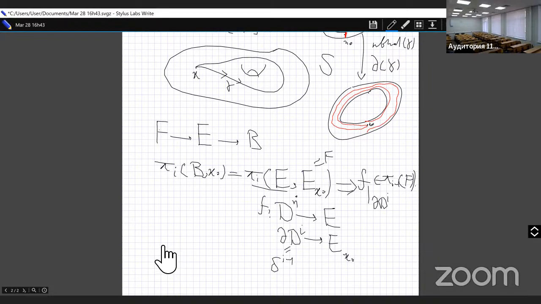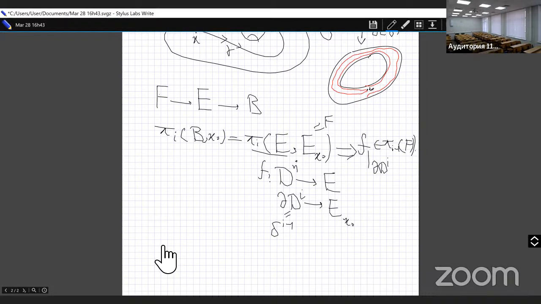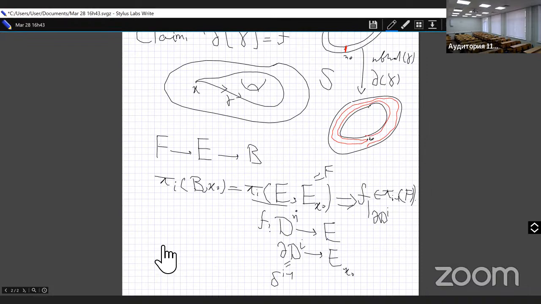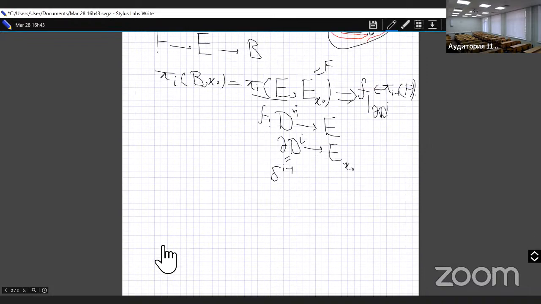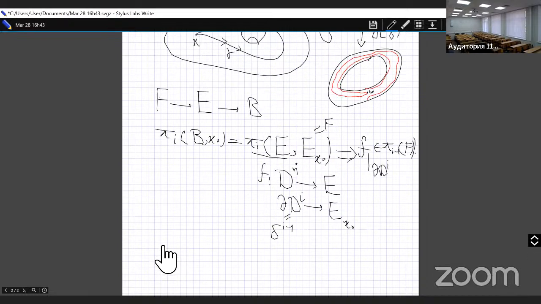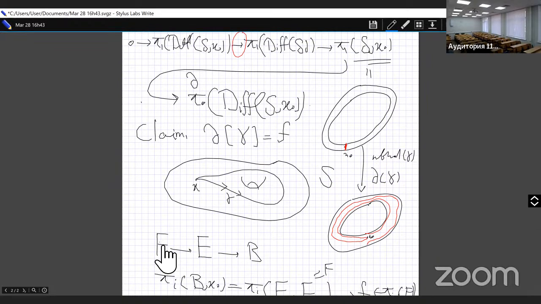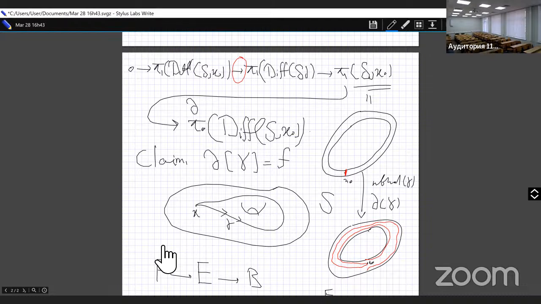In Hatcher's there was no mention of considering this. Our goal is to show this map is injective, but now it's easy to do, because it doesn't have this shortcut now. Which one is injective? The boundary map, the delta.